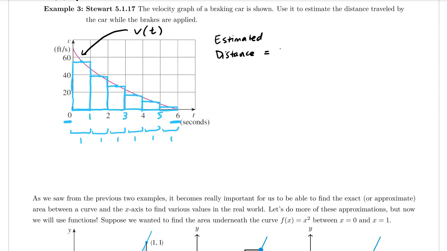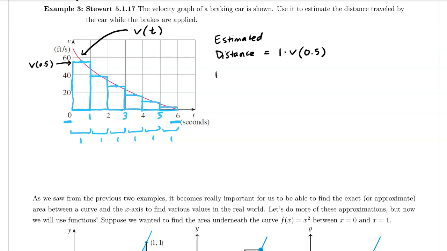So my first rectangle has a base or width of 1, and then I'm going to multiply it by v of 0.5, because that represents this y value, or this output value here. That would be v of 0.5.